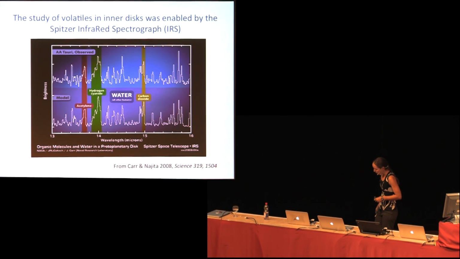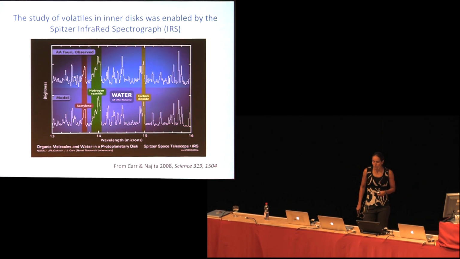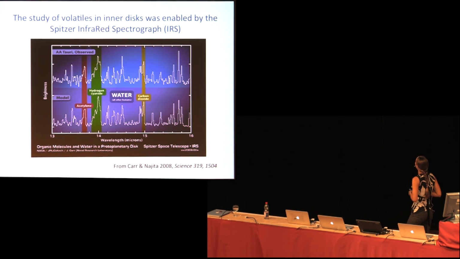A lot of the pioneering work was done with the Spitzer infrared spectrograph, IRS, and really with techniques pioneered by John Carr and Joe Najita. This shows their discovery spectrum, showing some of the molecules that were observed in this one disk, AA Tau.